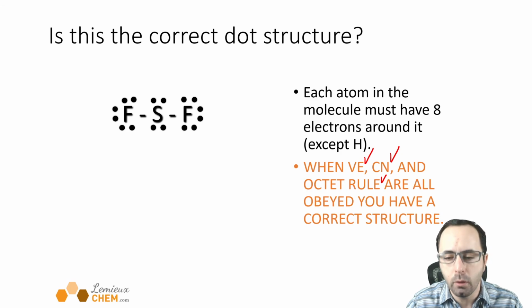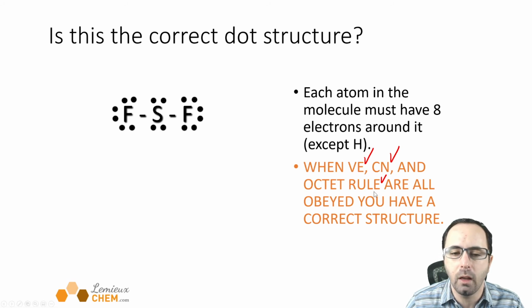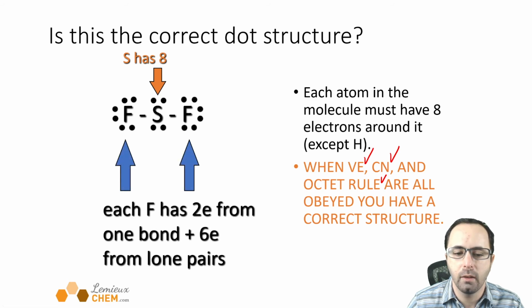However, if the way you wrote it obeys all of these, total valence electrons, covalence numbers, and octet rule, you are right, period. Okay. So that's pretty great. Sulfur has 8, and each of the fluorines has 8, 6 from the lone pairs, 2 from the bonds. We are good.